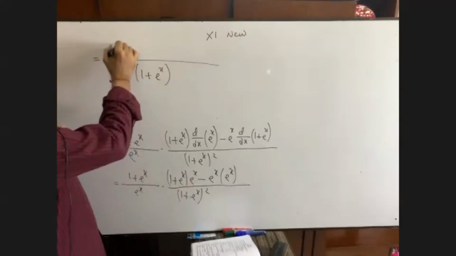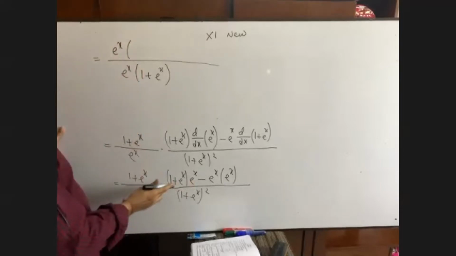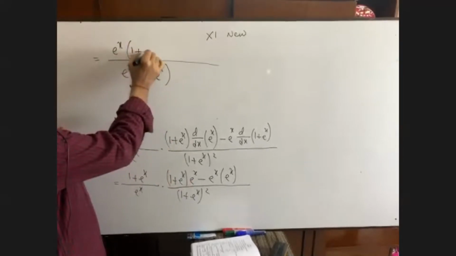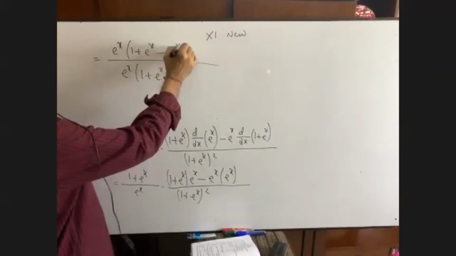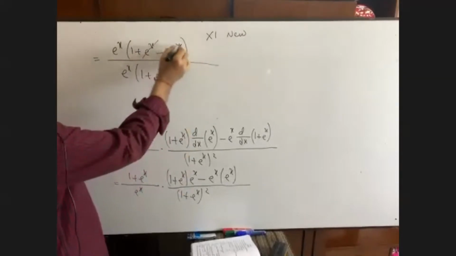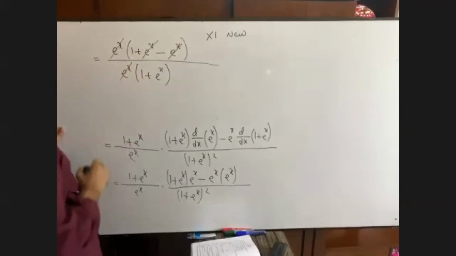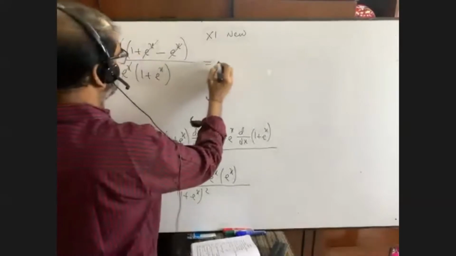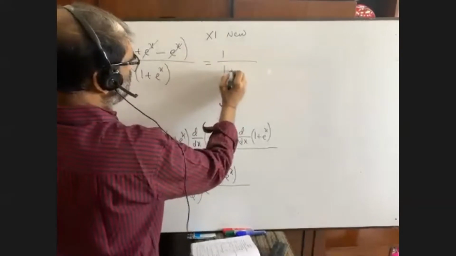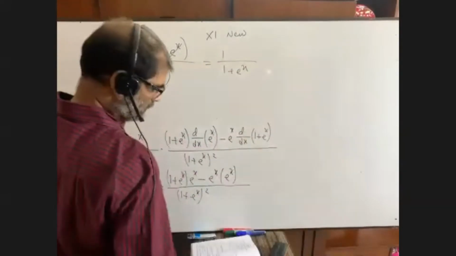So if e to the power x is taken common, we are left with 1 plus e to the power x minus e to the power x. This will be omitted. So our answer is 1 by 1 plus e to the power x.